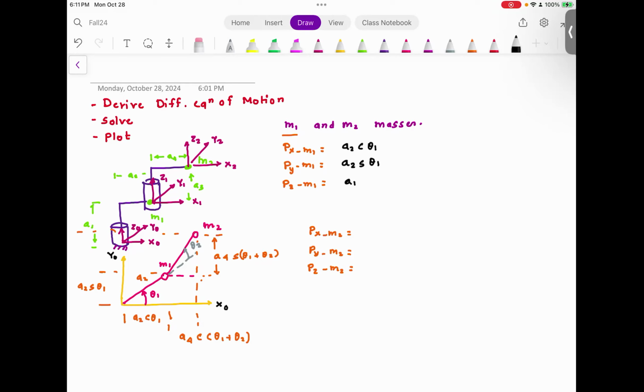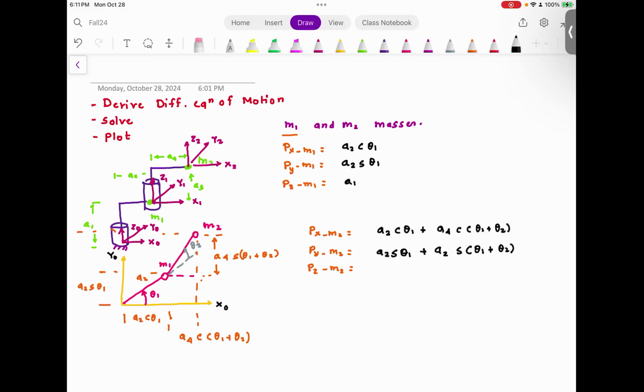Similarly, Px M2 can be written as A2 cosine θ1 plus A4 cosine (θ1 plus θ2). And we have done this a lot. Py M2 is A2 sine θ1 plus A4 sine (θ1 plus θ2).